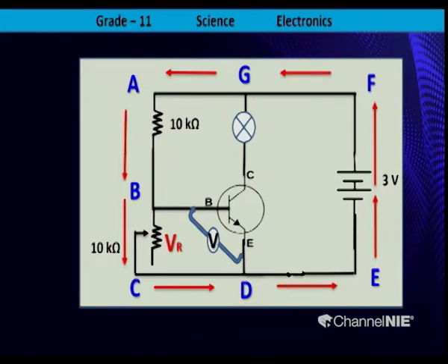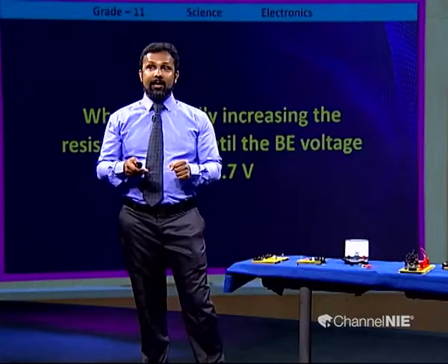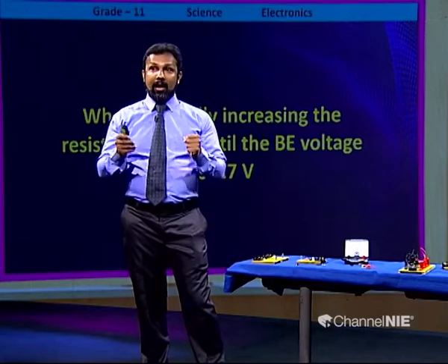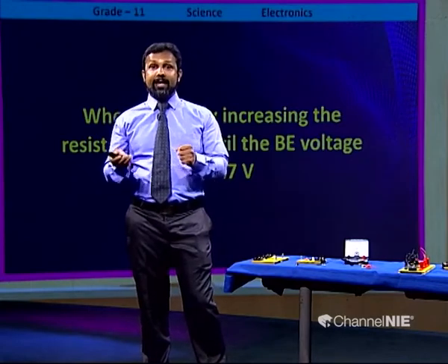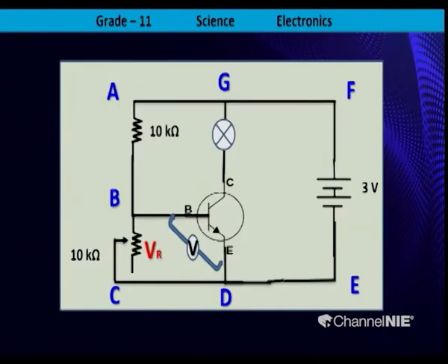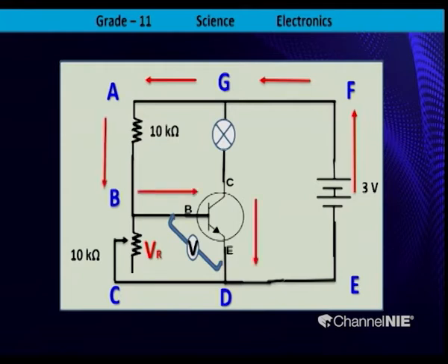Right. Now, we are going to increase the resistance of the variable resistor until the BE voltage gets to 0.7 volts here. Then what happens when increasing the resistance of the variable resistor? Current passes from the dry cell to F, F to G, G to A to B to the base through the transistor.